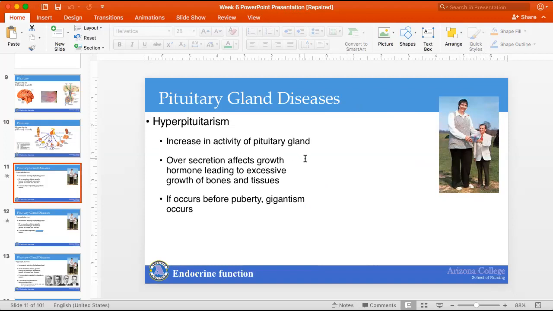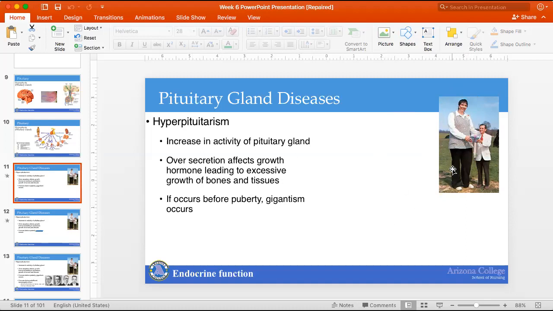It's an increase in the activity of the pituitary gland. An oversecretion affects growth hormone, leading to excessive growth of bones and tissues. If it occurs before puberty, gigantism occurs. You can see in her case that the hyperpituitarism happened before puberty, which is why she ended up becoming so tall.